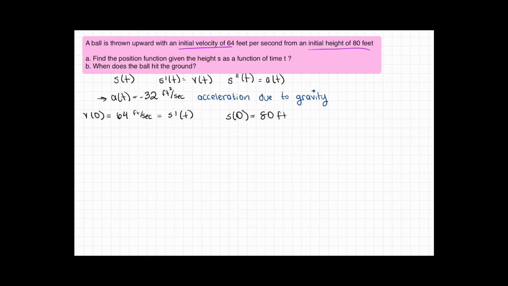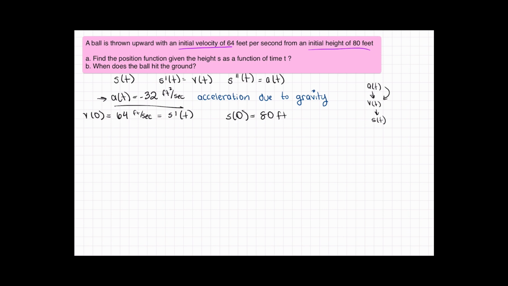So all it takes is to work our way backwards from acceleration to velocity to position, and we'll have our answer, because position is what we want. Let's first go from acceleration to velocity. Our acceleration, as we've already described, is negative 32 feet per second squared.